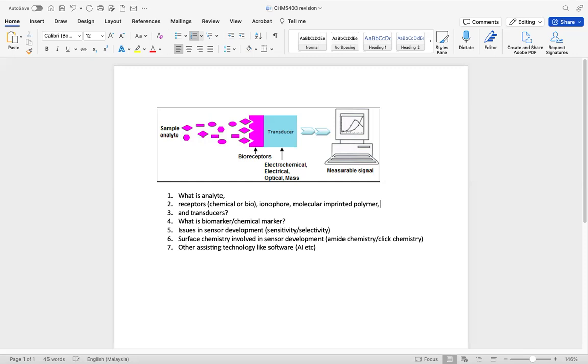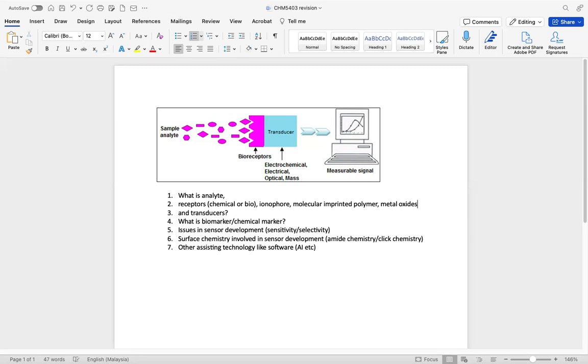Okay, and apart from enzyme, you will find metal oxides. Some metal oxides can behave like enzyme. There is research done, because as we know, enzymes are not robust.